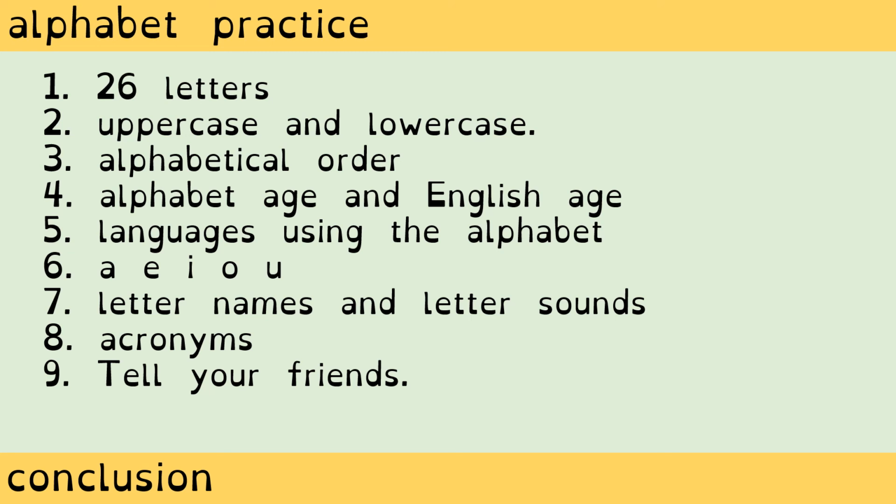Others, such as F, have the sound at the end of the name. F makes the F sound. 8. Acronyms. Acronyms are words that are read by saying the name of each letter. They are usually written in all capital letters.